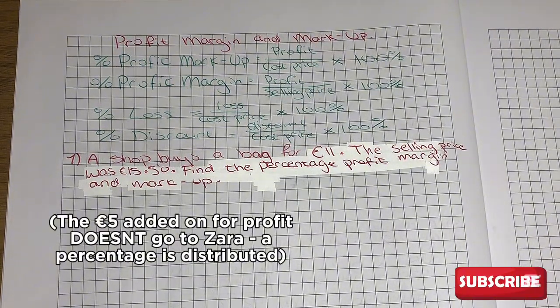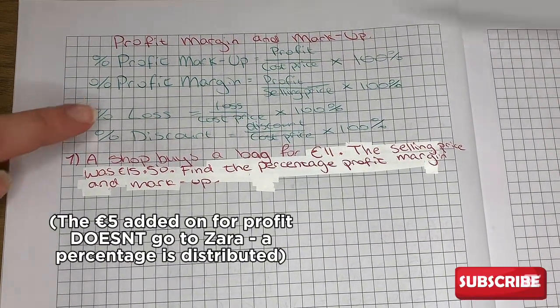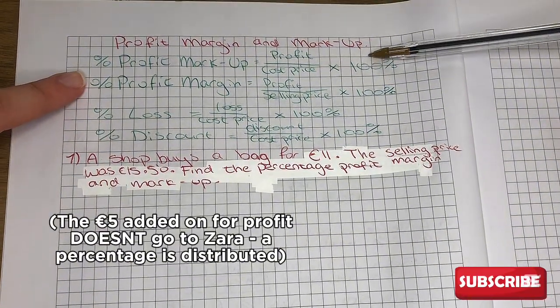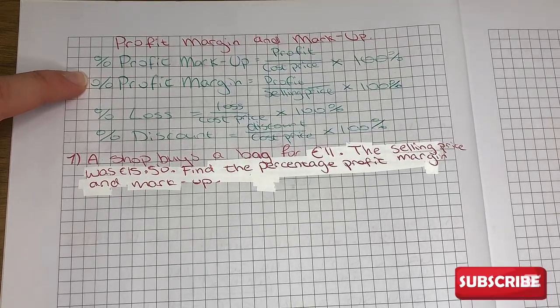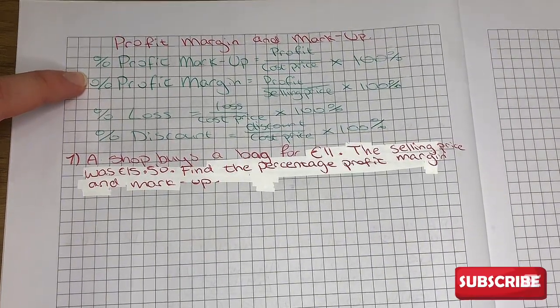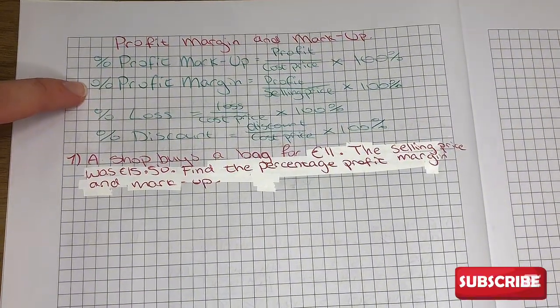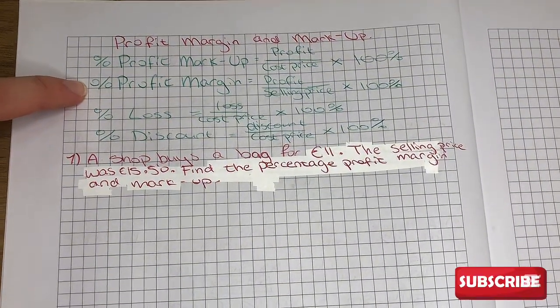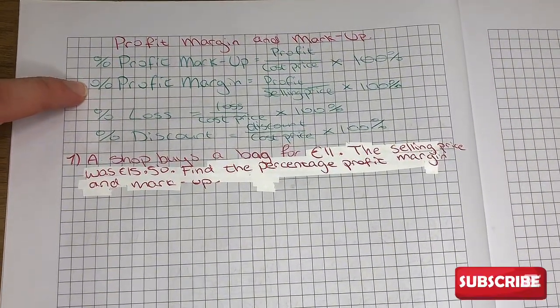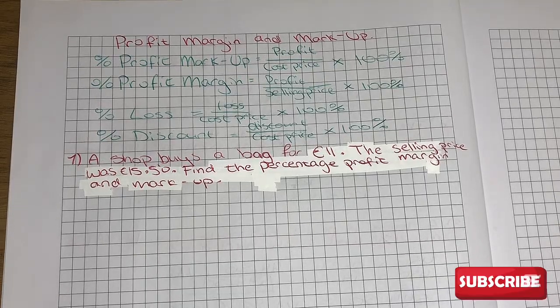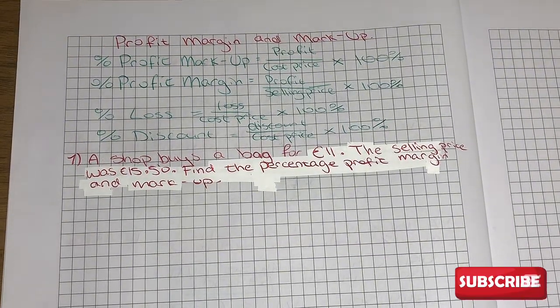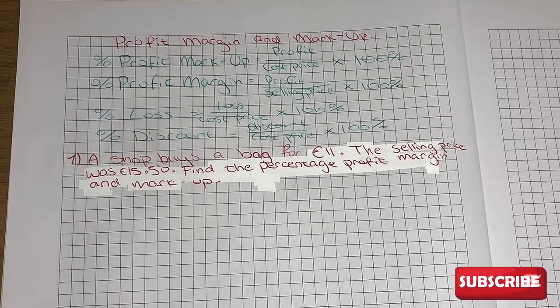So that means that markup looks more into how much Zara increased the price based on what they paid, which was €10. Although margin looks at how much Zara made from what the customer paid. So margin means that Zara earns 33.33%, and that is the amount that they actually earn.